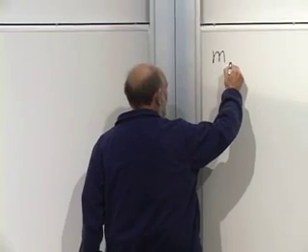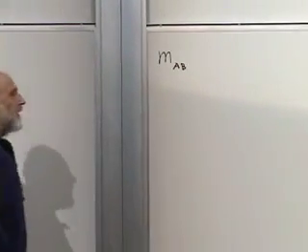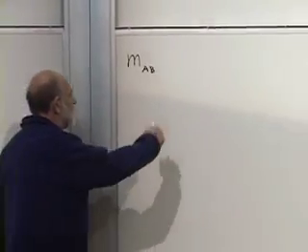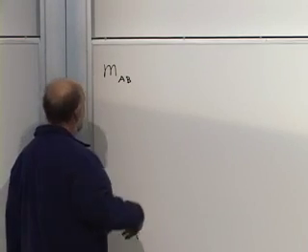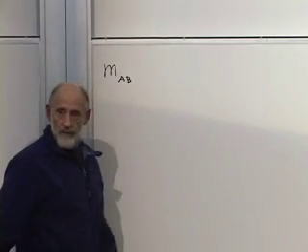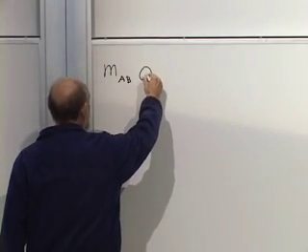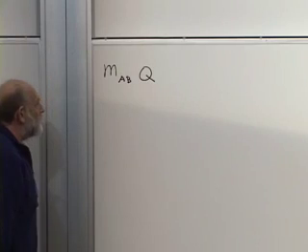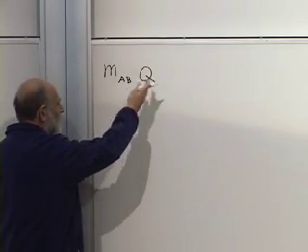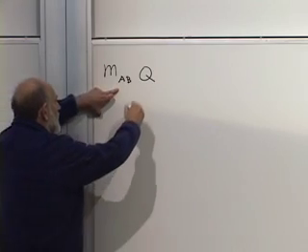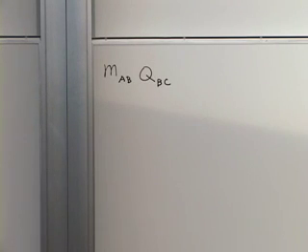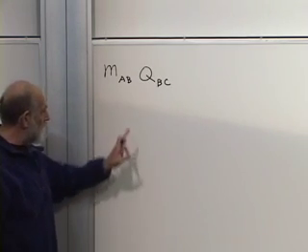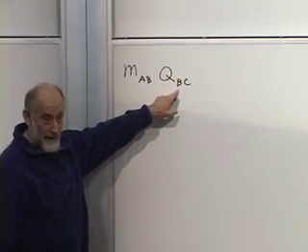Matrix M with entries A, B, and I want to multiply it by another matrix Q, with indices B, C. The way that you multiply it is you put M A B next to Q B C, and then you multiply the entries and sum over the repeated index.